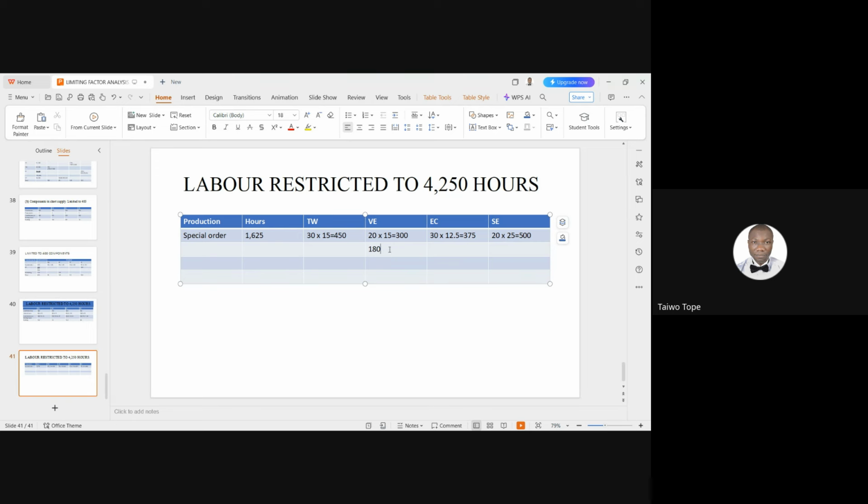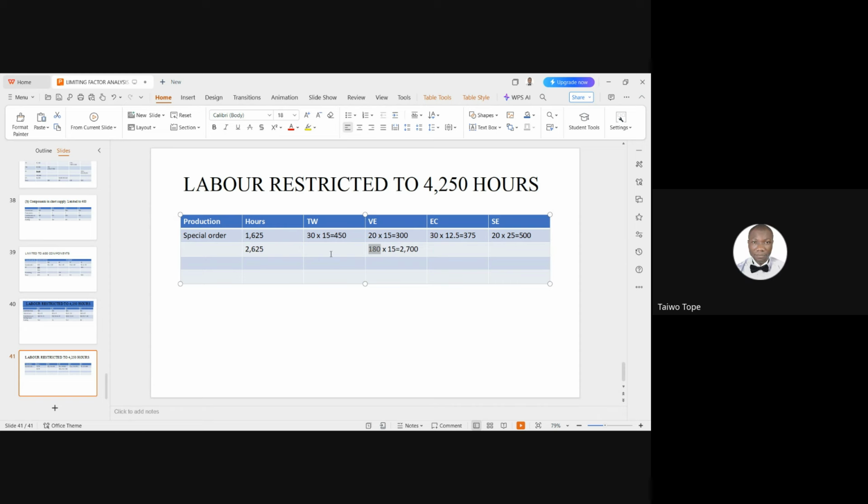How many hours do you need to produce this 180? 2,700. So the difference between 4,250 and 1,625 is 2,625. That means we don't have 2,700 hours. We cannot produce everything.